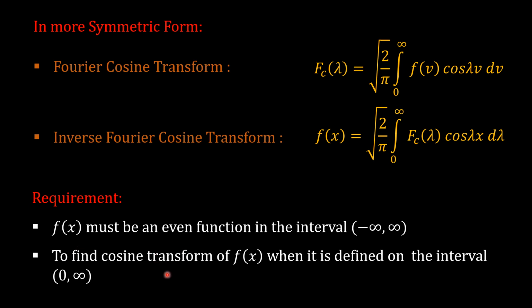And second, if suppose cosine transform is asked to find, then interval must be 0 to infinity. So these are some requirements. Now we will go to find Fourier cosine transform for some given functions. So let us consider the example.